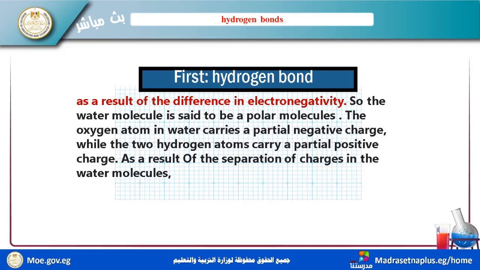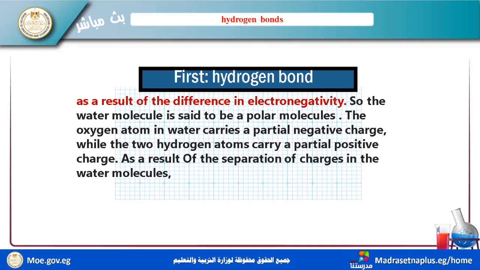This is a result of the high difference in electronegativity between the two atoms. The two hydrogen atoms carry a partial positive charge as a result of the separation of charge in the water molecule. As a result of the difference in electronegativity, the water molecule is said to be a polar molecule.